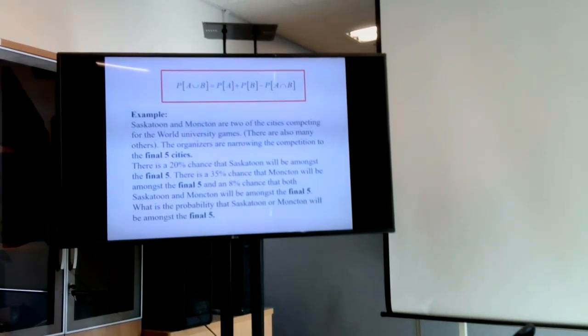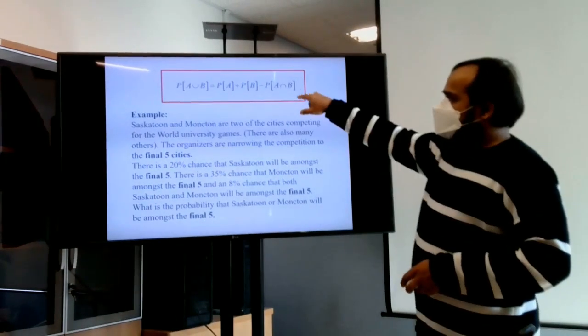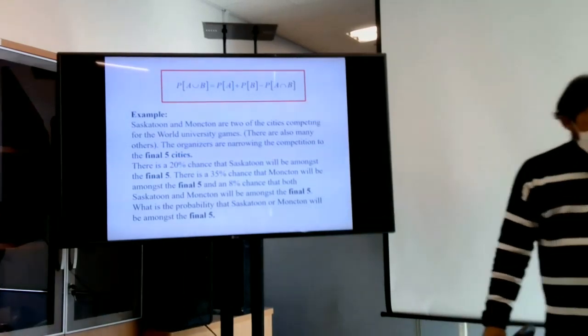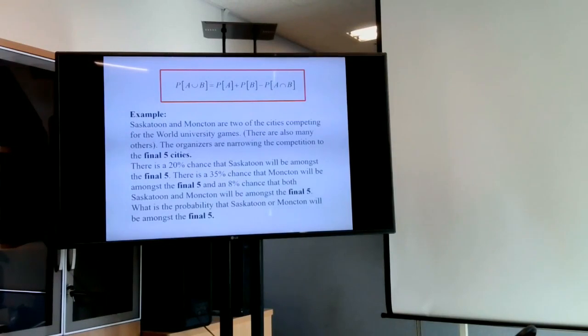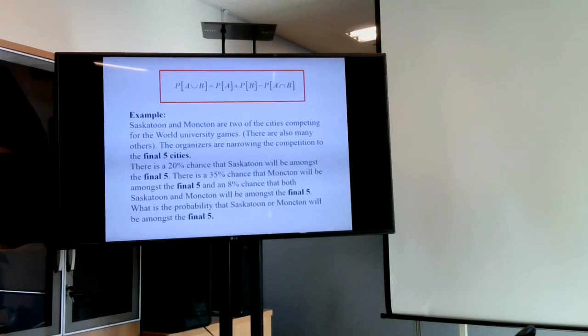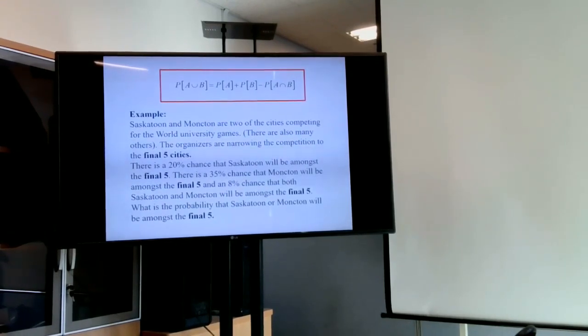Okay, so for example, Saskatoon and Mactan are two of the cities competing for the World University Games. There are also many others. The organizer is narrowing the competition to 5 cities.